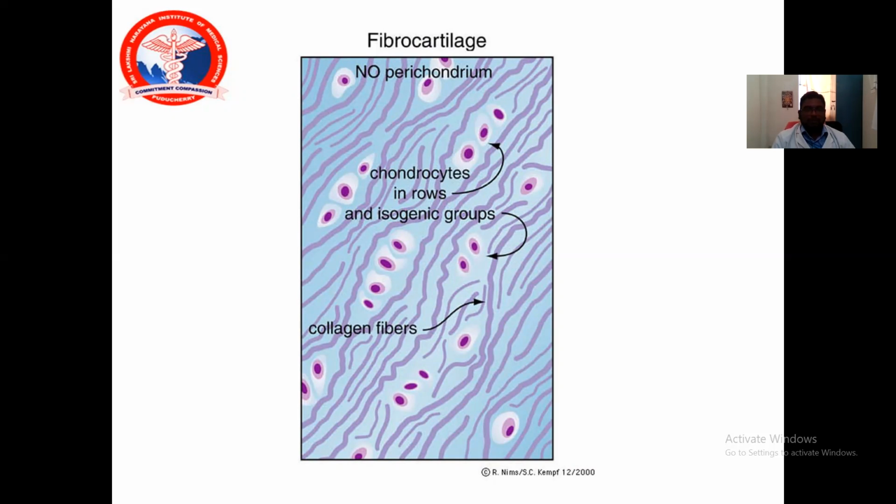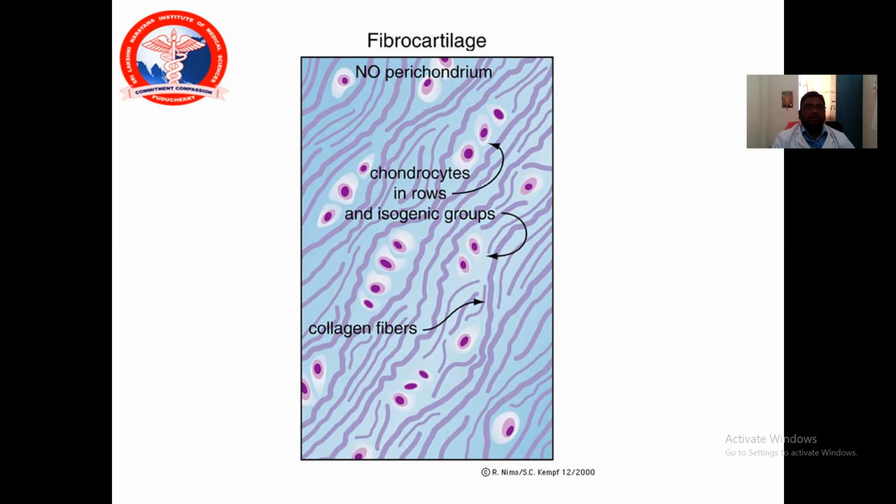Here also you don't have any perichondrium. In the white fibrocartilage, you are not going to have any perichondrium. So these are the differences.